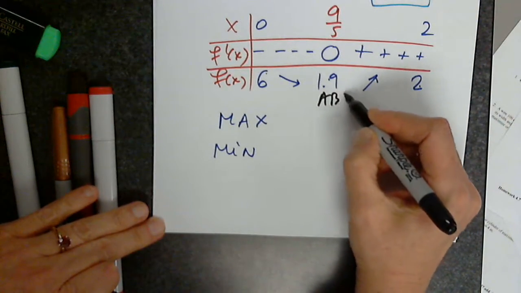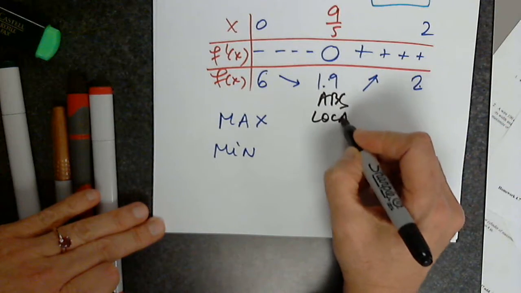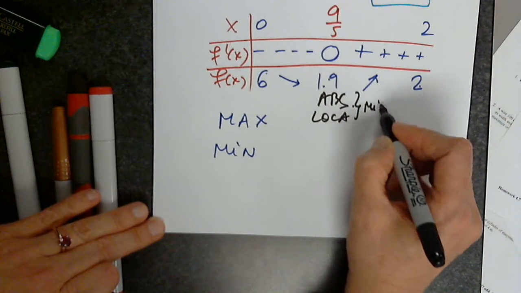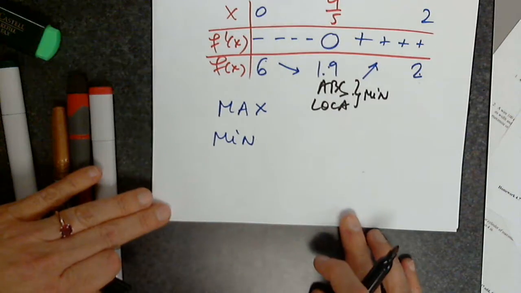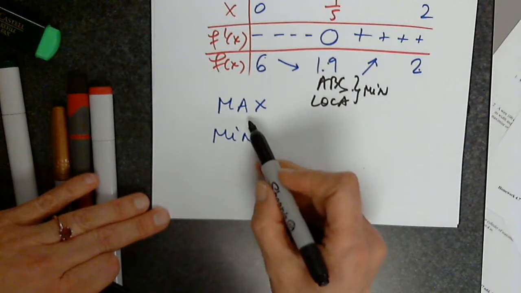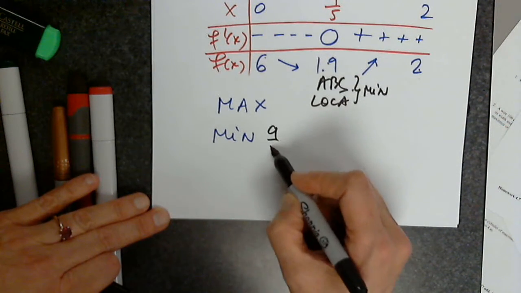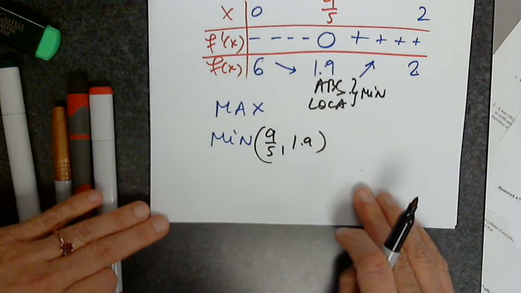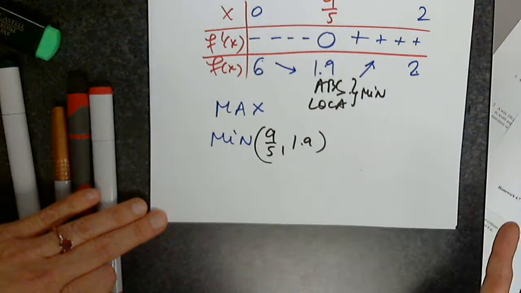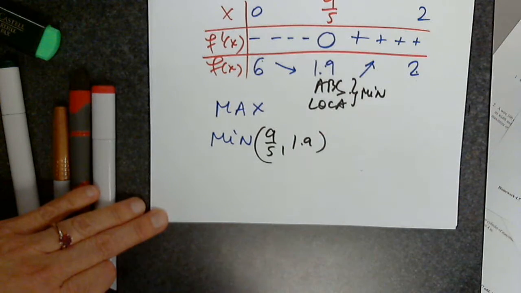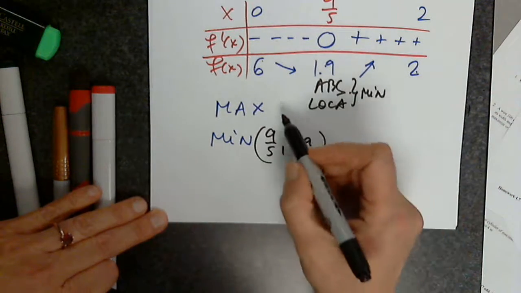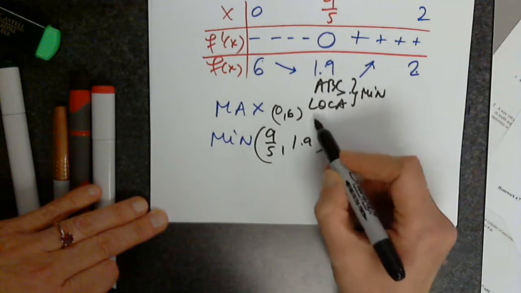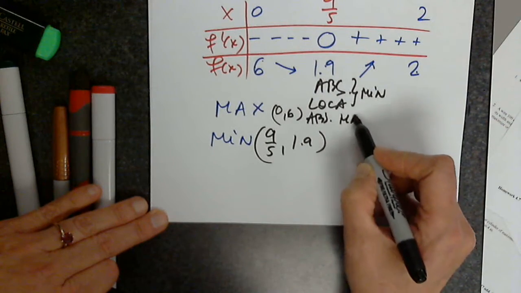Absolute minimum. It's local. I should write local, but it's both. Good. So what is the maximum? So the minimum is 9/5 comma 1.9. And what is the maximum distance? You already said it. Yes. So 0 comma 6 is absolute max.